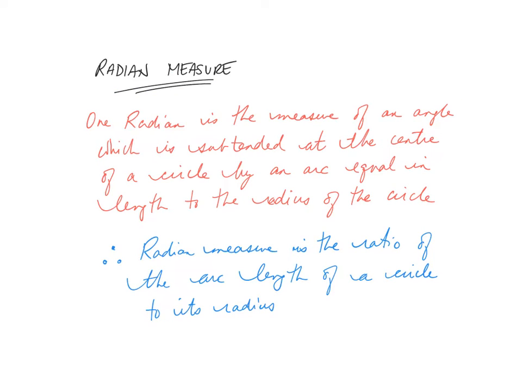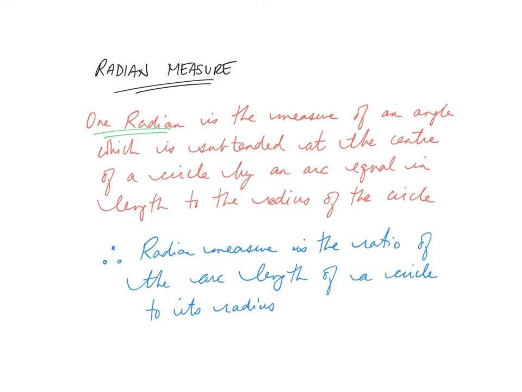And so if we're going to break down this new measurement system, radian measure, then what we need to do is break down specifically what is 1 radian. And this is the important feature. That 1 radian, as we go through to determine it, is the measure of an angle which is subtended at the center of the circle.